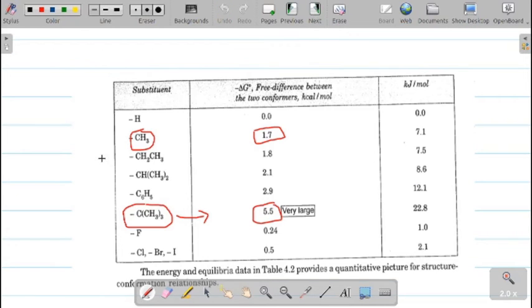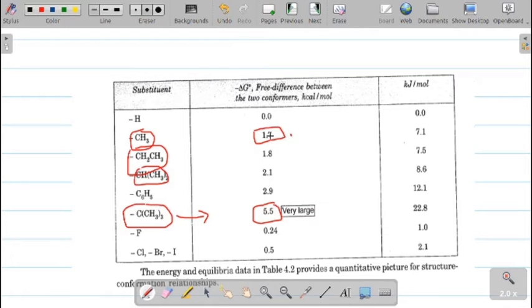And in this case you can see that when we make the size of the substituent bigger, delta G naught becomes more negative.